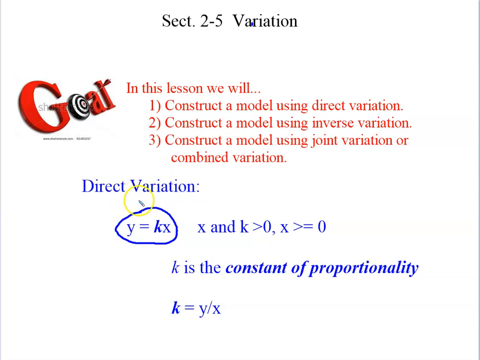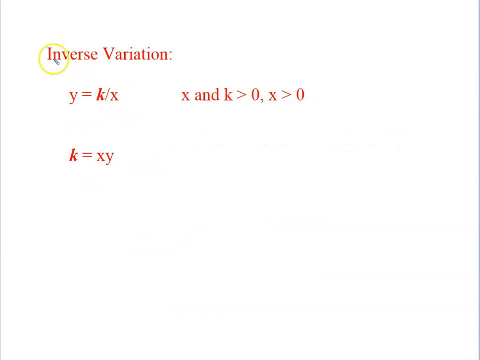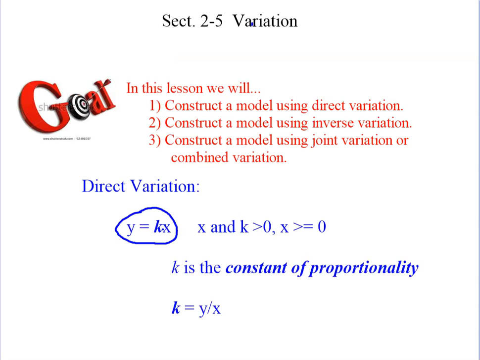So just keep in mind that direct variation implies multiplication of k times x. Y equals k times x. Inverse variation implies division, k divided by x. So the way we find k is different for each, obviously. I'll go back. The way we find k for direct variation is we just think about what we would do to solve for k.